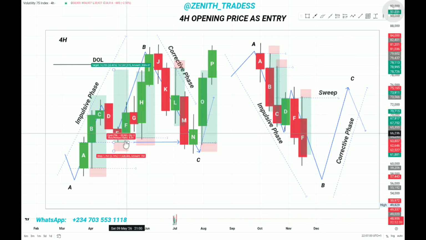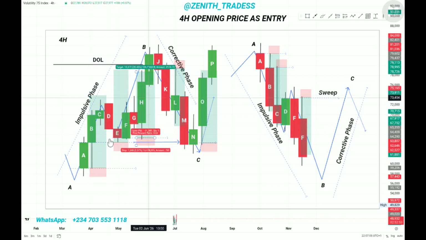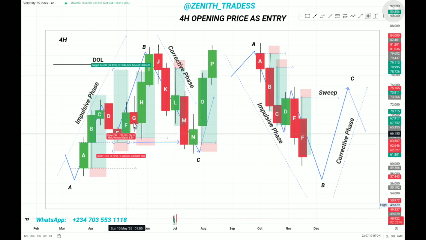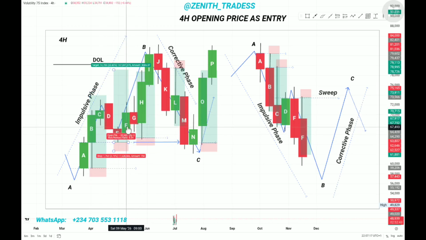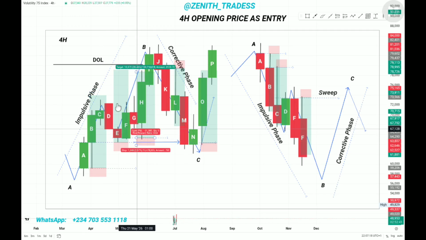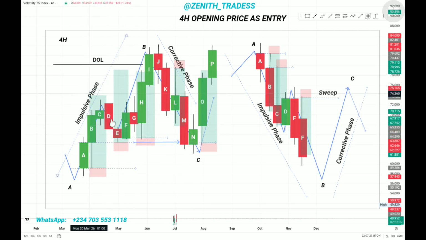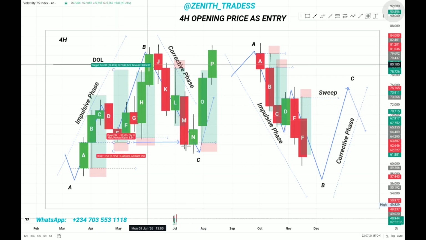I have explained that whenever we find a bullish candle at the end of a reaction leg in an impulsive move, whether it has a body displacement or not, whether it's a directional candle or not, the opening price is always high probability. So candle F, candle N, we found at the end of a reaction leg. This is a minor reaction, this is a major reaction.